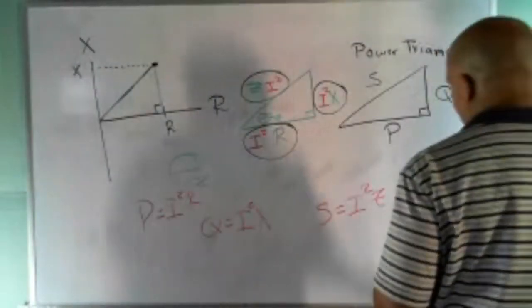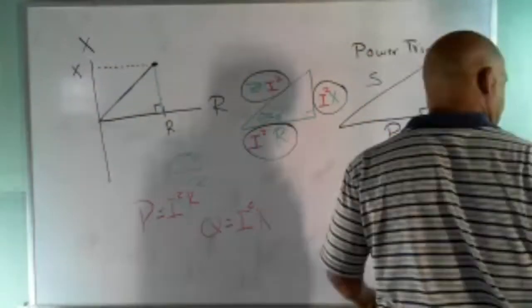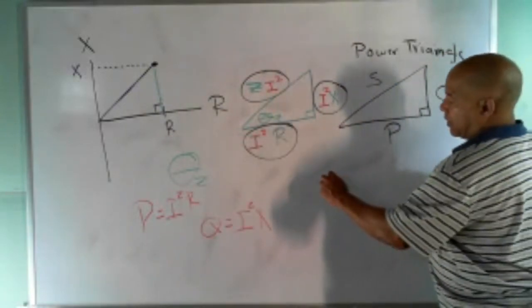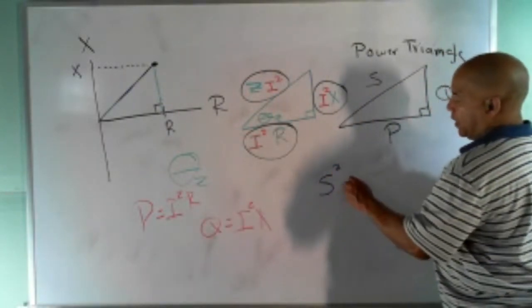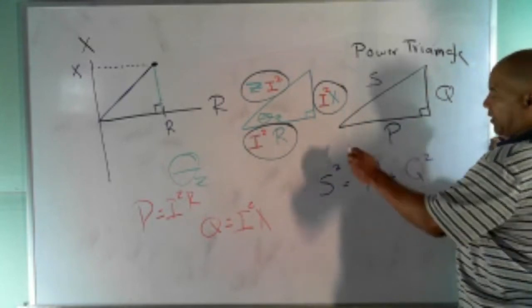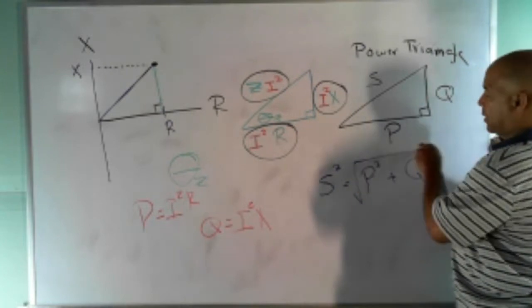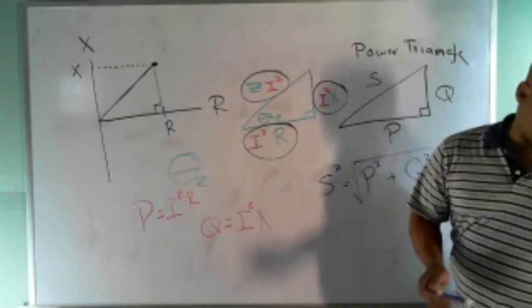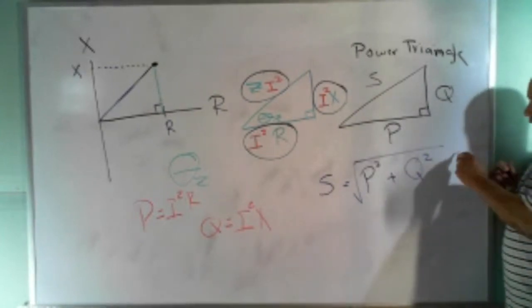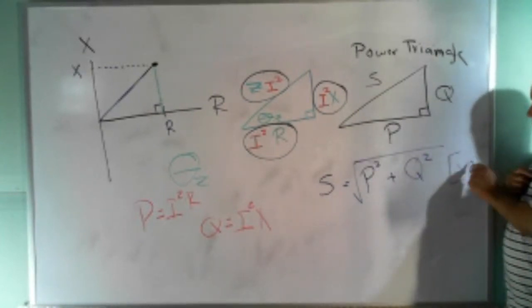So if I write out the formulas for this, S squared would equal P squared plus Q squared. If I take the square root of both sides, I get the formula for apparent power. And remember, the unit for this is the VA.